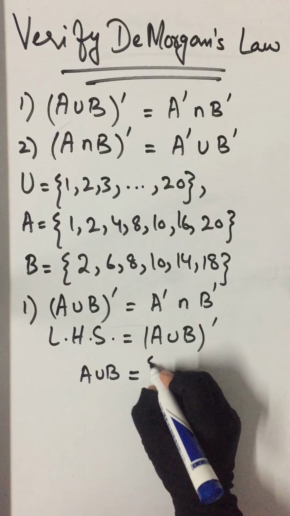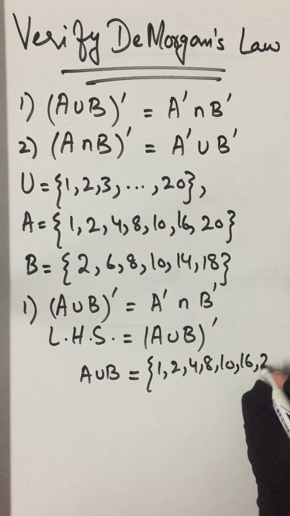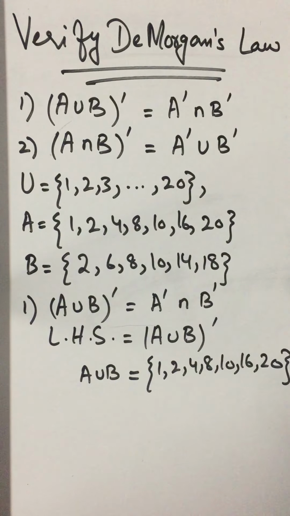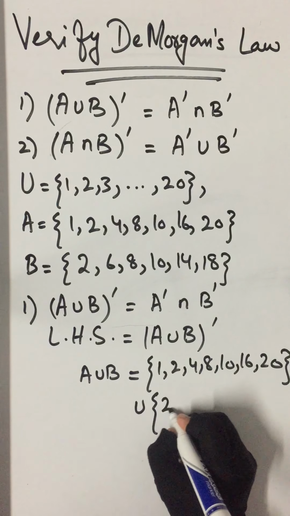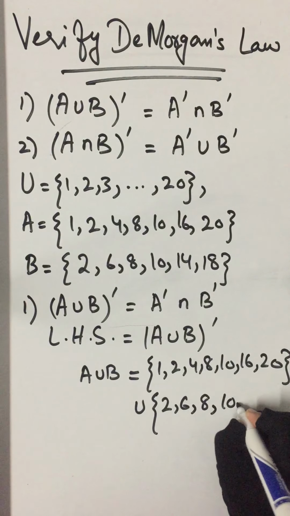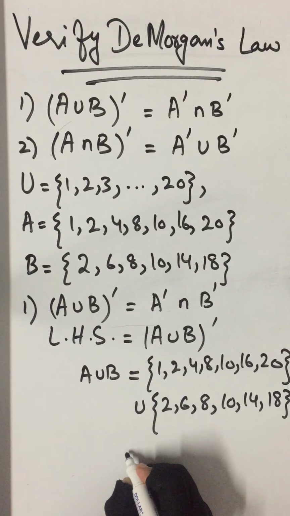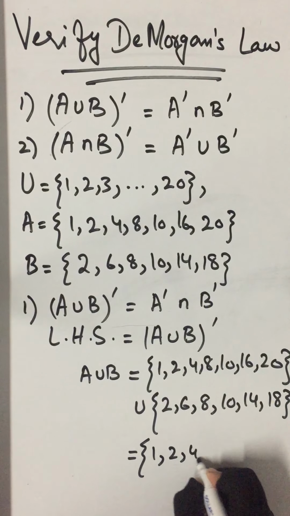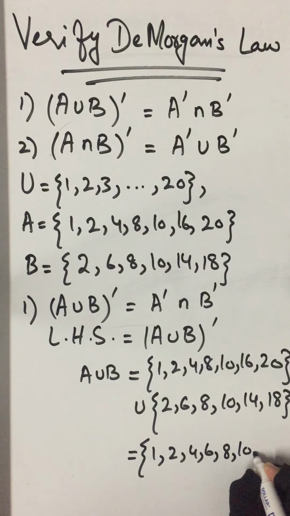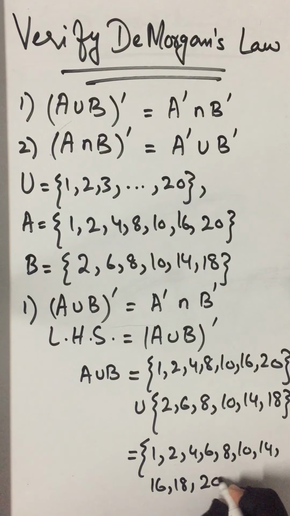What is A? It's 1, 2, 4, 8, 10, 16 and 20, union B. The set B is 2, 6, 8, 10, 14 and 18, right? After taking their union, I will have 1, 2, 4, 6, 8, 10, 14, 16, 18 and 20, right?